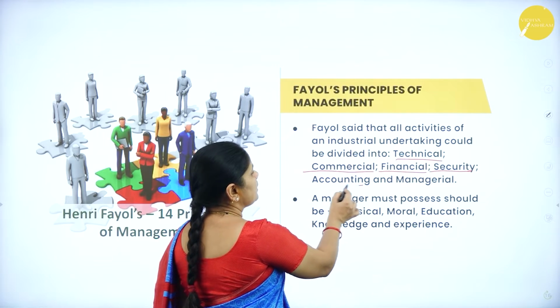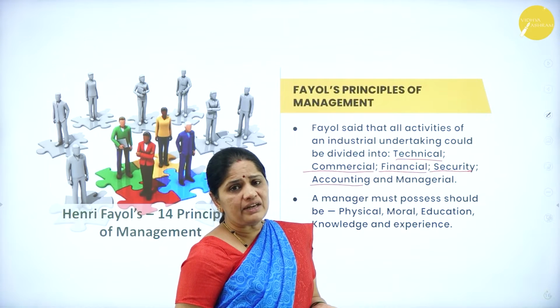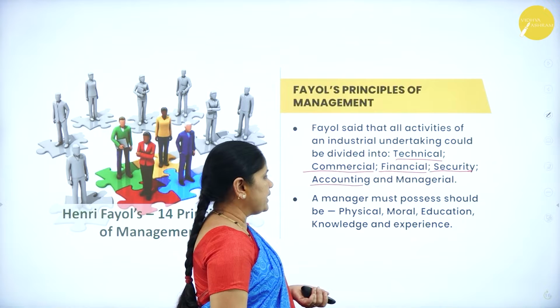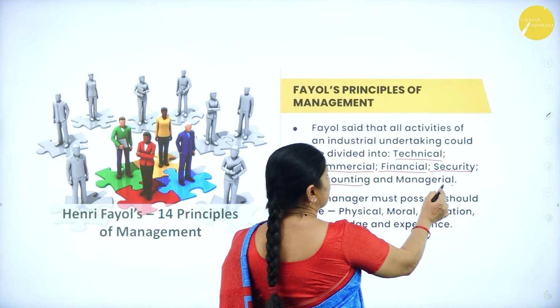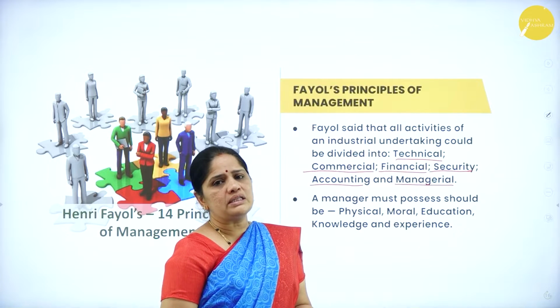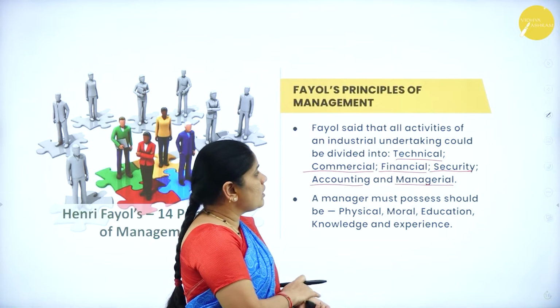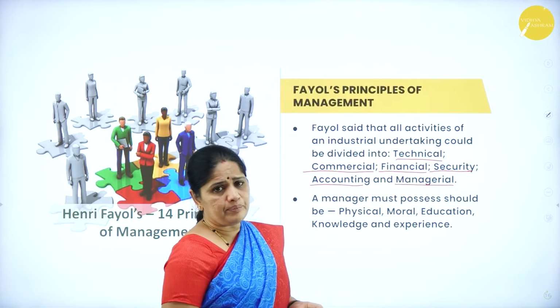Then accounting, that is keeping track of all the money which the organization is spending. And lastly, the managerial. Managerial refers to how you manage all these things. So, he has divided all the activities on these lines.